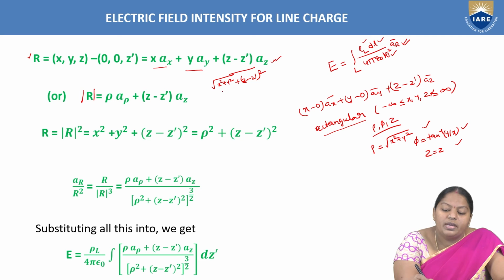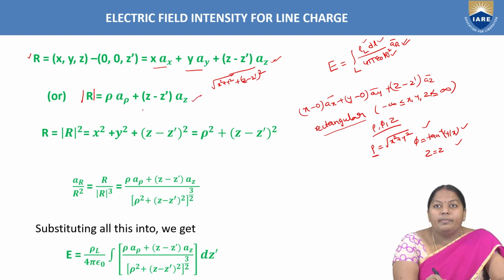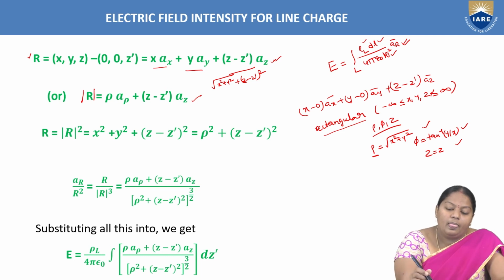Root of x square plus y square is nothing but rho, so we transform xax plus yay into rho a rho, plus the third term z minus z dash into Az. Hence, if you transform the distance into cylindrical coordinate system variables, r equals rho a rho plus z minus z dash into Az.